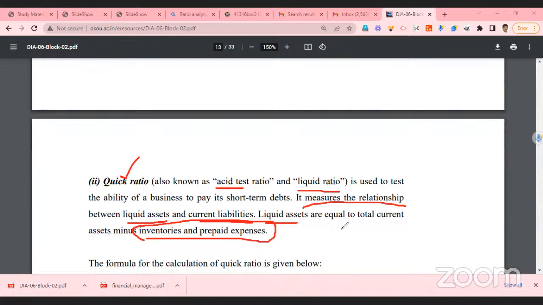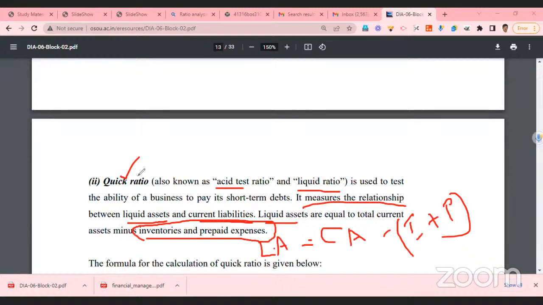These two are deducted, and the remaining amount is called liquid assets. Inventory cannot be converted to cash within a very limited time. Prepaid expenses are already paid, and we can't recover these expenses. That is the reason these two are deducted when calculating the quick ratio.